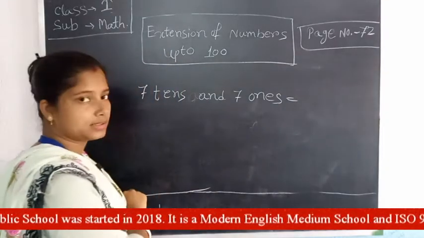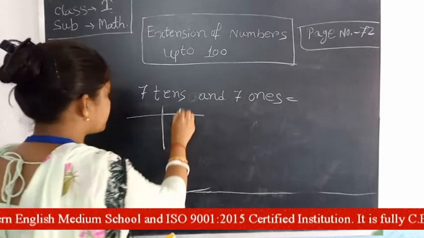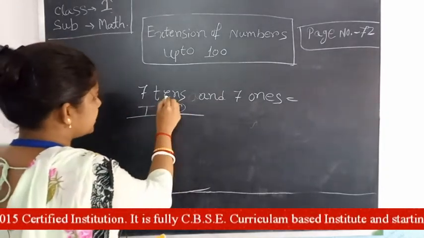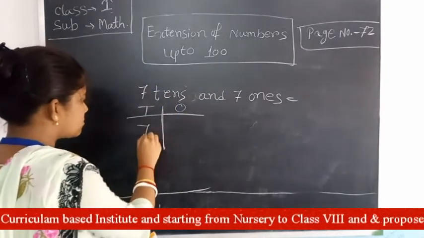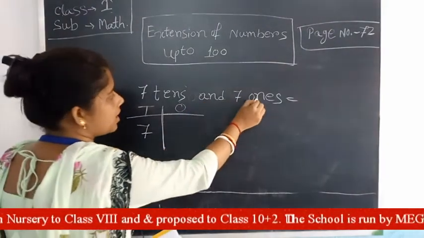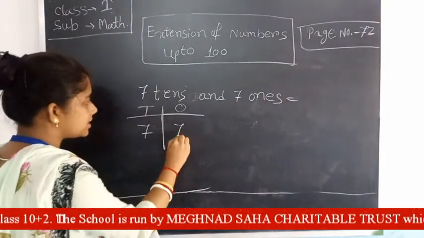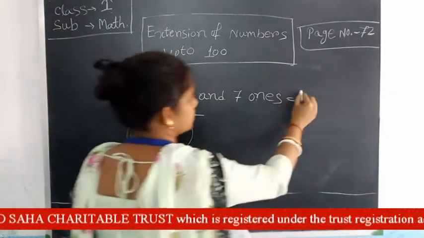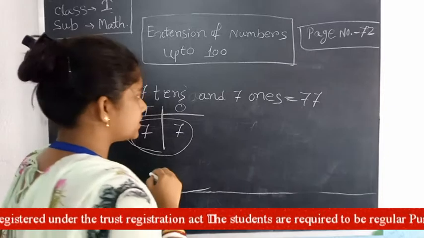This is the number. At first make the place value chart, ones, tens. Then read the line, 7 tens. So in the tens place the number is 7. So write here 7. And 7 ones. So in ones place the number is 7. So write here 7. And what is the number? 77. This is the number in digit.